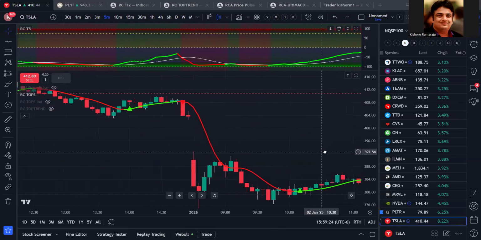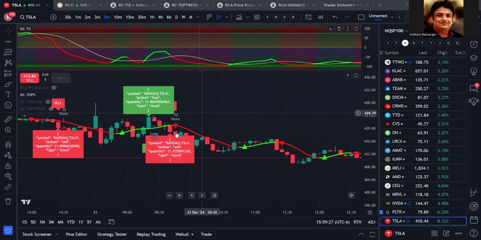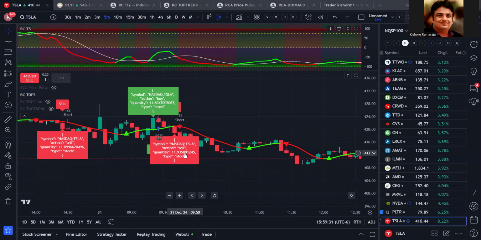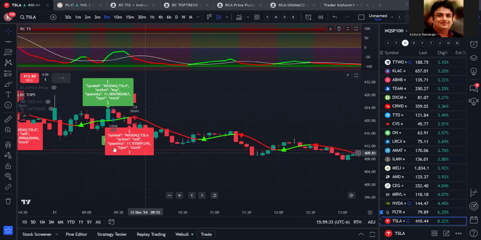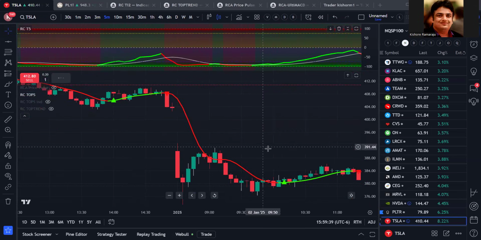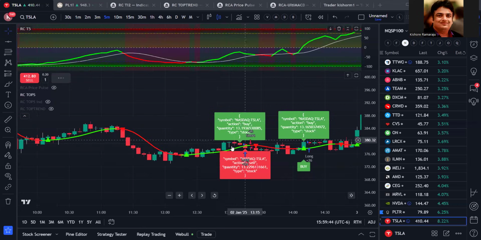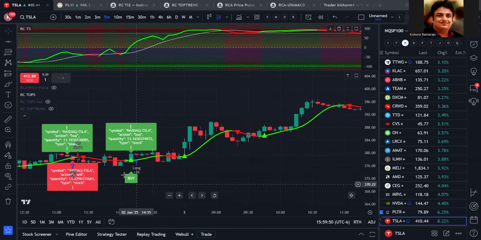So, for example, if Tesla is dropping, right, it took a sell here, it took nearly 11 quantity, but whatever it comes for $5,000, it will buy that much quantity. And it came all the way down. Now there was a small bullish move, immediately there was a small sell, but again, now you got a buy signal.